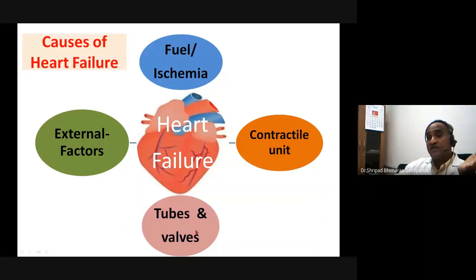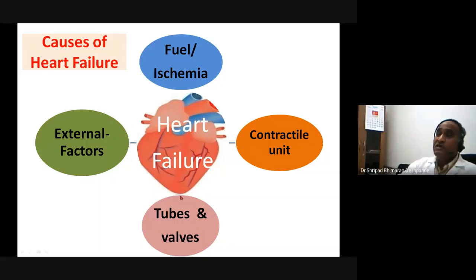First we consider the valves. A valve allows unidirectional flow of blood in the heart and great vessels. If these valves fail, there will be regurgitation, or if these valves become stiff or stenosed, they will not allow blood to get out. So that is the failure of the valves.